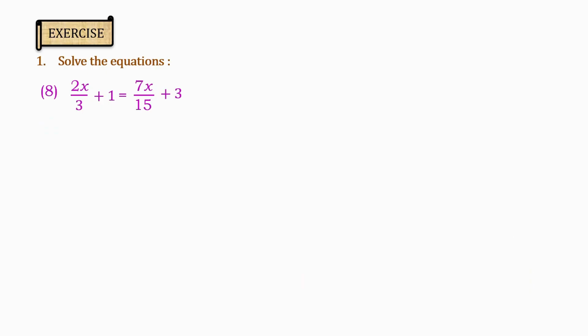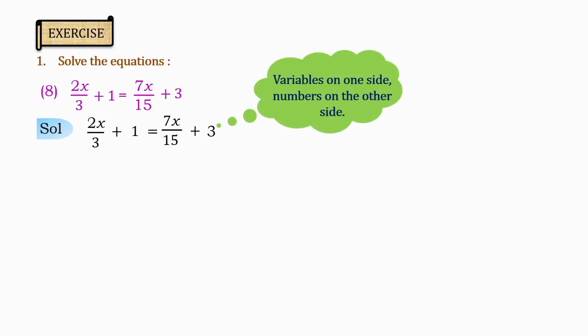Now another problem, 2x by 3 plus 1 equal to 7x by 15 plus 3. So same rule, variables on one side and numbers on the other side.